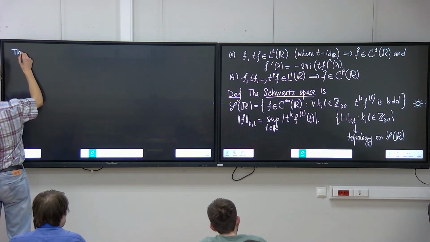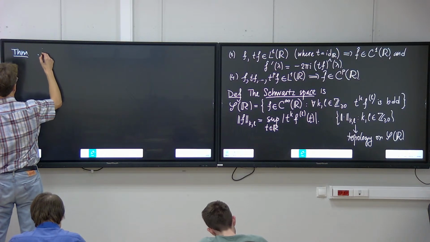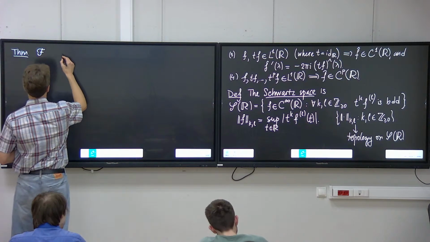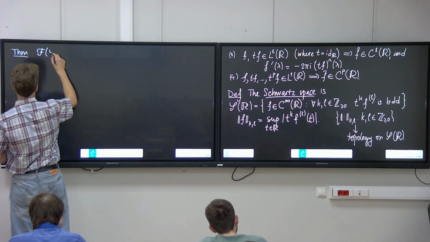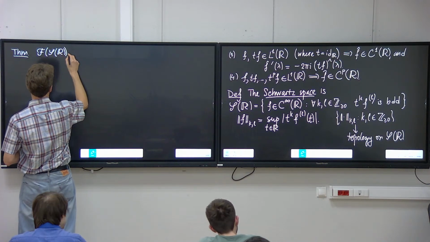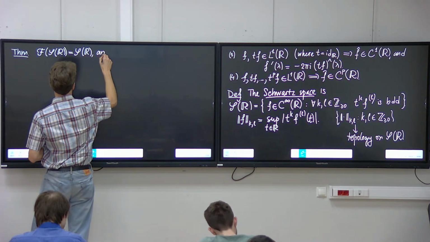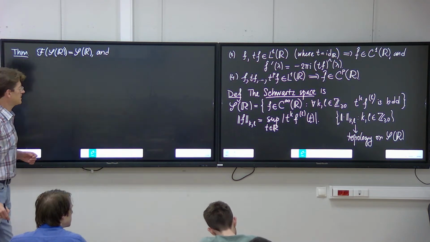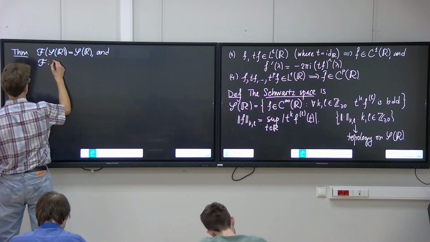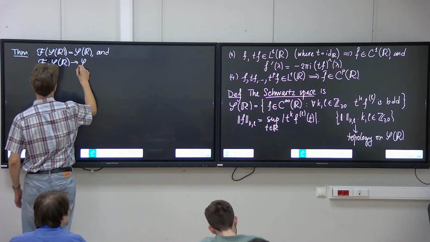And we have the following theorem. The theorem states that the Fourier transform takes the Schwartz space to itself, and if we restrict the Fourier transform to the Schwartz space, then this is a topological isomorphism of the Schwartz space onto itself.